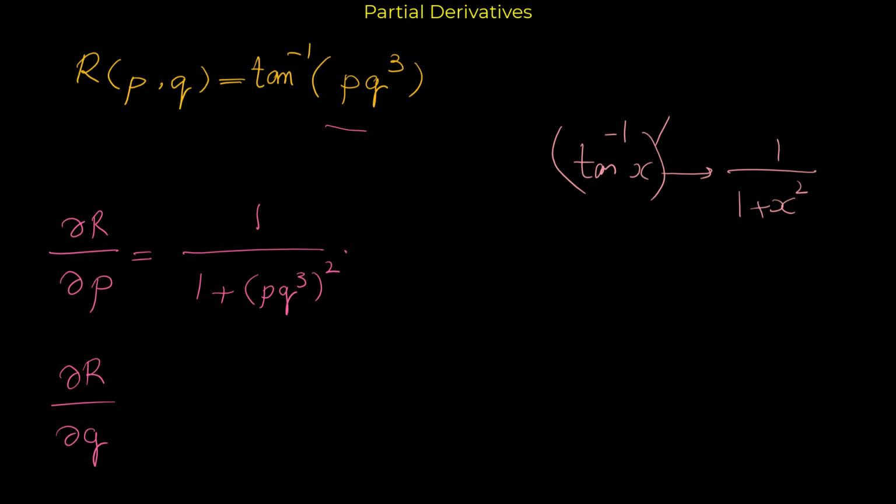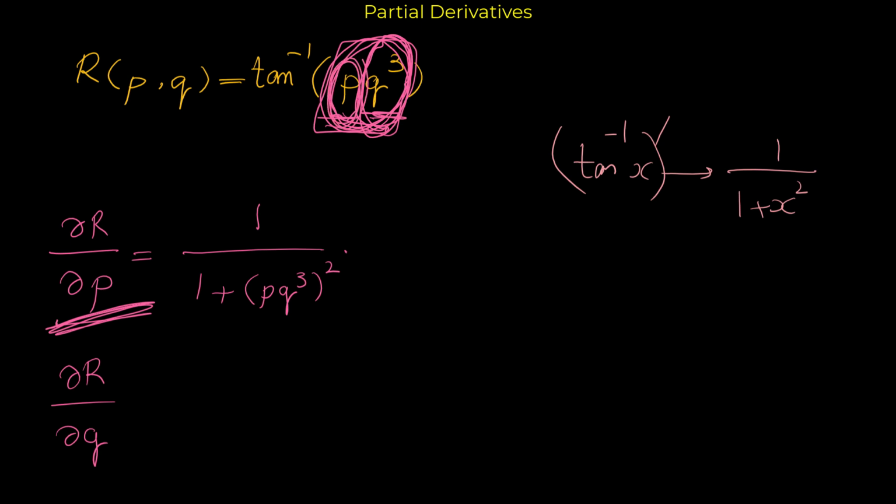But the derivative of the inside, when we look at the inside, we notice that we have p and q. Here our focus is on p. We want to find the partial derivative of r with respect to p. So find the derivative of pq to the 3 with respect to p. When you want to find the derivative of this with respect to p, this is a constant, this is a number.